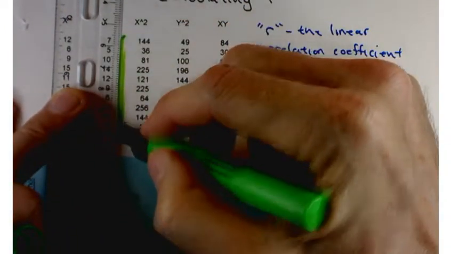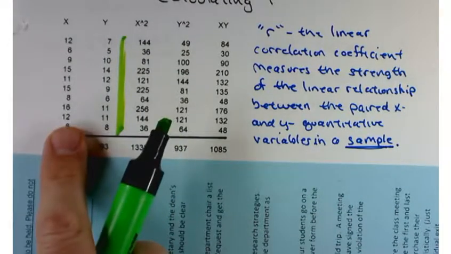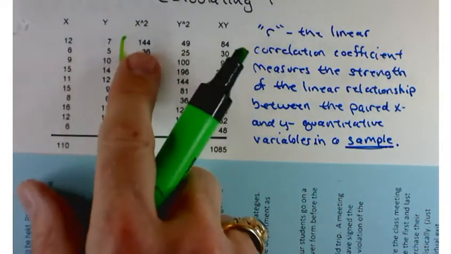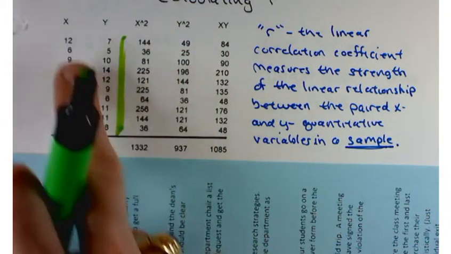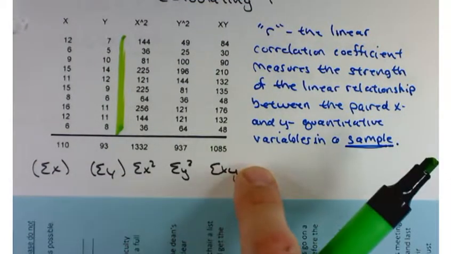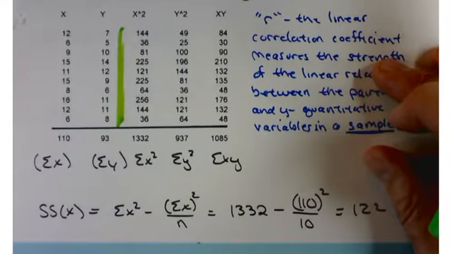You'd have to come up with several things. You'd have to take your X and Y data, sum it all up. You'd have to square these things, so 12 squared is 144, 7 squared is 49, etc., and then take the product of these things, and then get all these sums. So fair amount of work there. SSX, sum of squares about the x's, sum of squares about the y's.